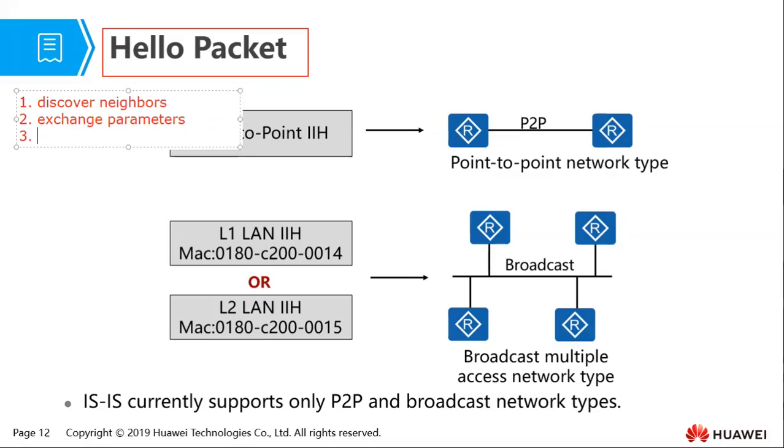So the circuit type is what we were talking about, level 1, level 2. So which type of router are you? So that's what we call the circuit type. It's one of the parameters they exchange so that they can know whether they can form the neighbor relationship. Of course, it's also used to maintain the neighbor relationship, and it's also used as a keep alive packet to detect whether the neighbor is still up or the neighbor has gone down. So those are some of the functions of the hello packets.